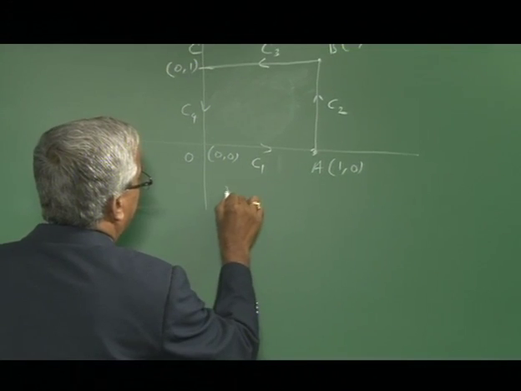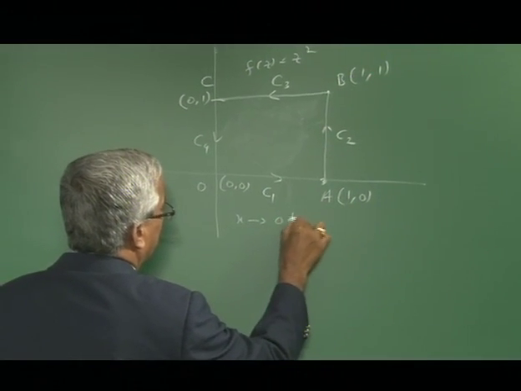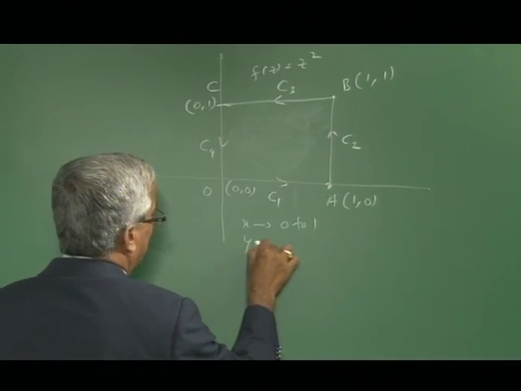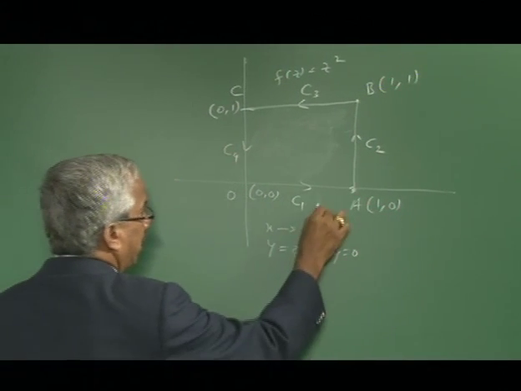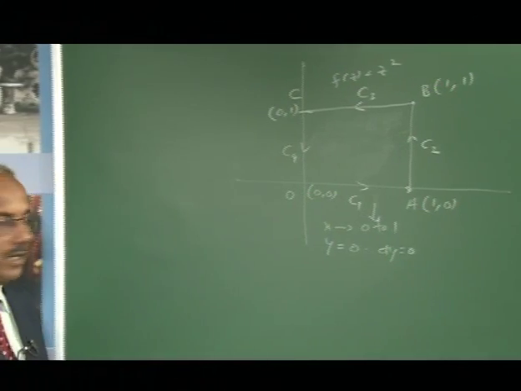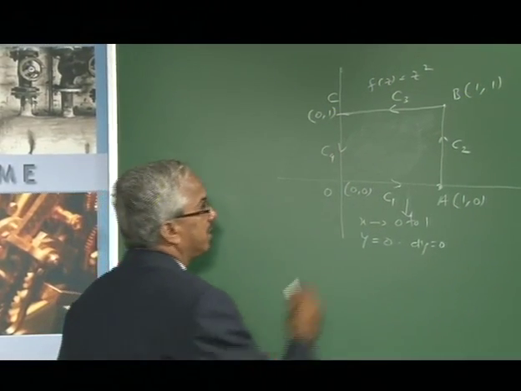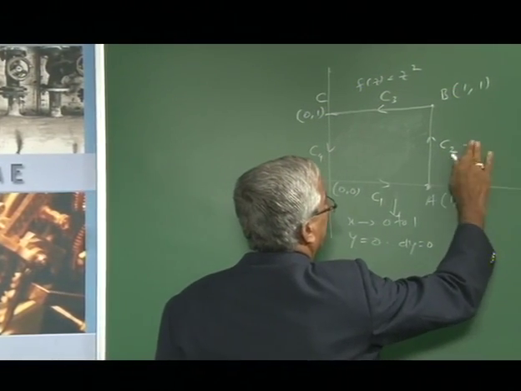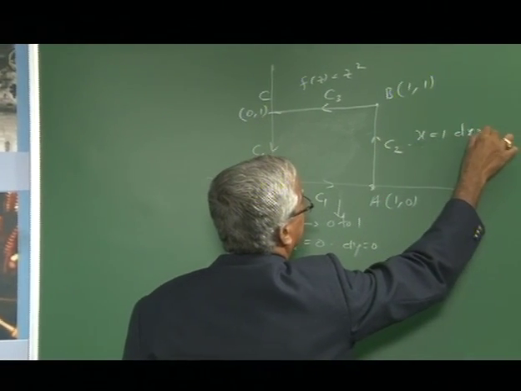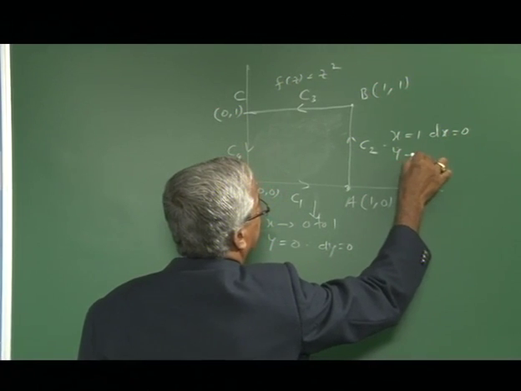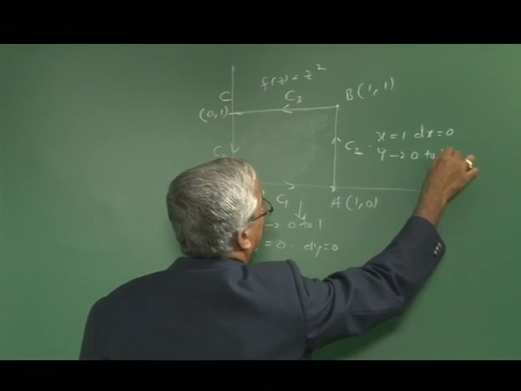In the case of OA, the curve C1, x varies from 0 to 1 and y is equal to 0, therefore dy is equal to 0. In the next case, x is equal to 1, therefore dx is equal to 0 and y varies from 0 to 1.